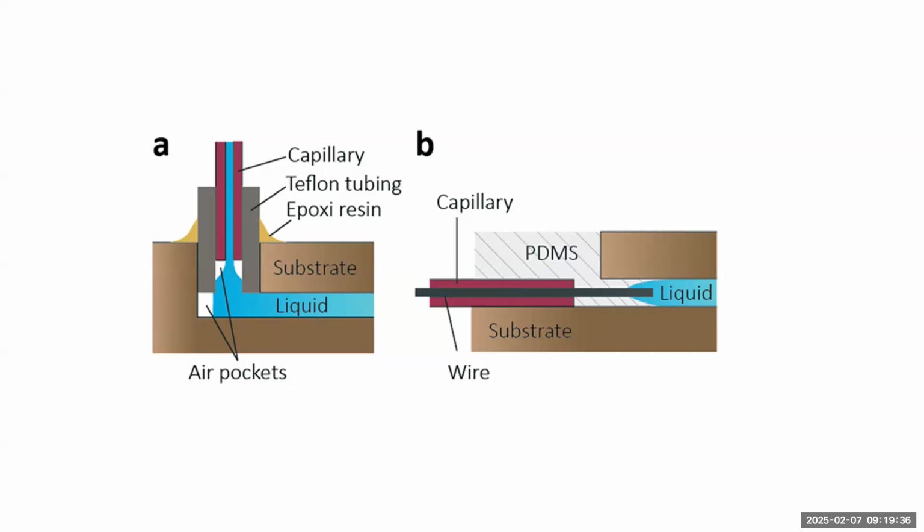They have the capillary, which is your tube going into your device, and through that tube you have a wire. Then they fill the dead spaces in with PDMS. When it's time to use the device, they pull the wire out. What's left is a straight pathway for your fluids, and the PDMS fills in all of the dead spaces. So that's just one suggestion that you could use to help fill in those dead spaces.